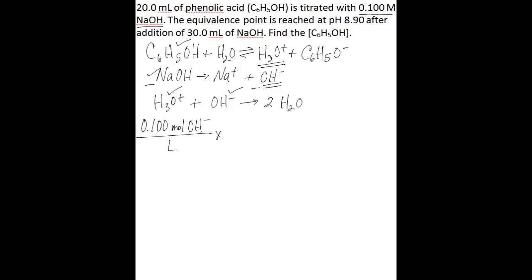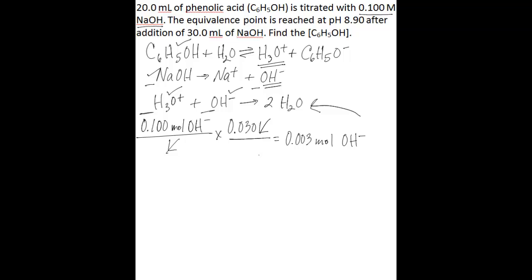And at the equivalence point, you've added 30 milliliters of sodium hydroxide. Converting that to liters, you have 0.030 liters. Liters will cancel, and you're left with moles of hydroxide ion, and that is 0.003 moles.